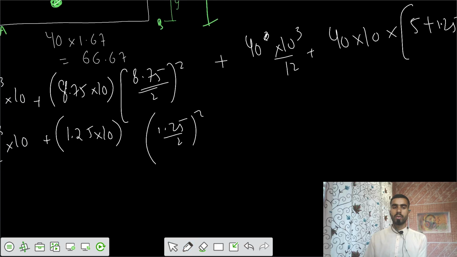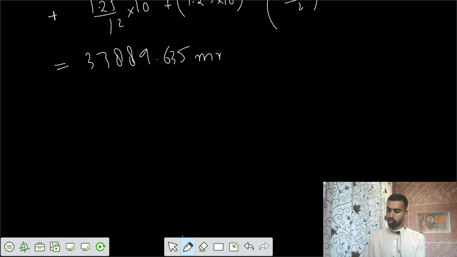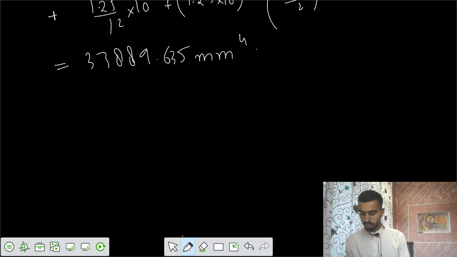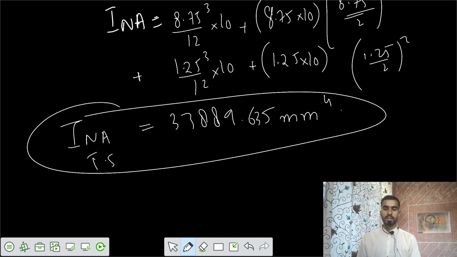Finally you can calculate I_NA, and the overall value of I_NA equals 33889.635 mm^4. So you got this I_NA of the transformed section about the neutral axis.